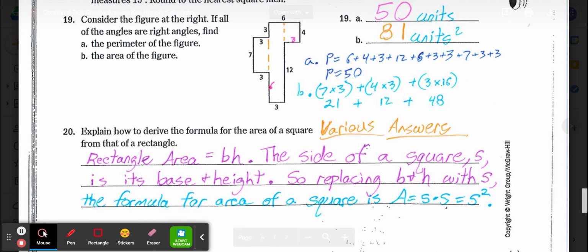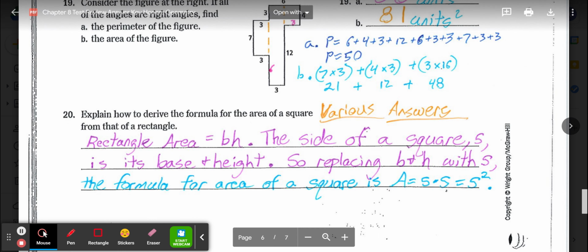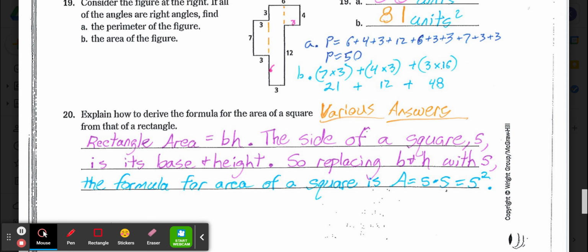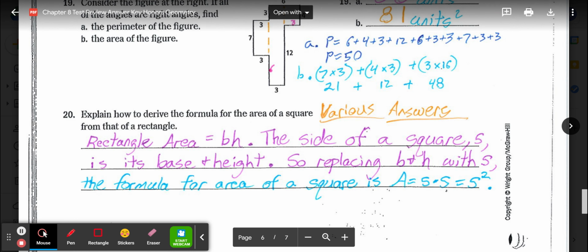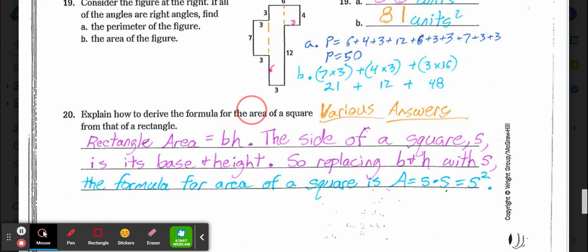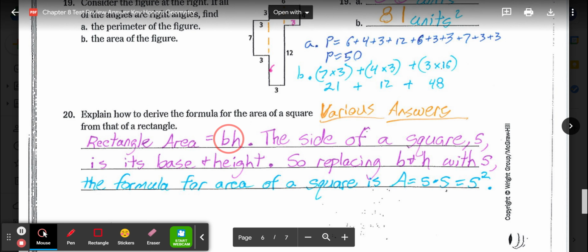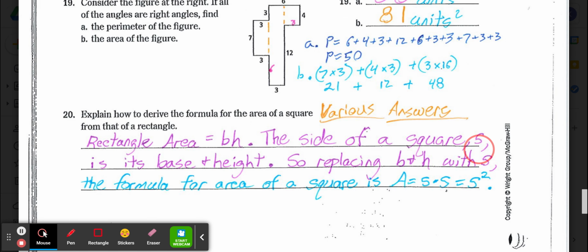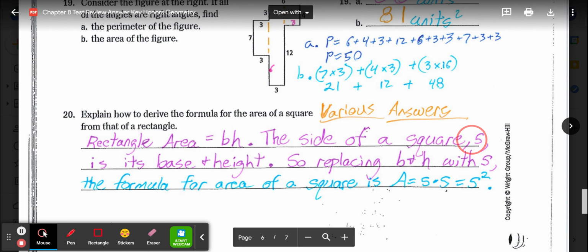And now down to the last question, 20. There's various answers, but this is my simple explanation for how to derive the formula for the area of a square from that of a rectangle. So we know the rectangle area was base times height. We know the side of a square can be called S. And if that's the side length, that's also the base and the height.